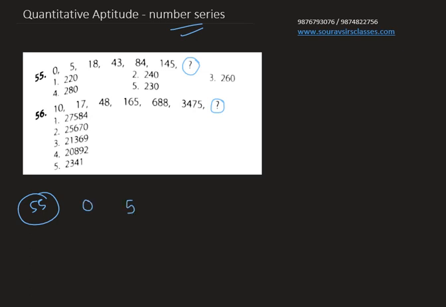0, 5, 18, 43, 84, 145 and question mark. We need to find the last number in this series. As we can see, if we add 5 with 0 we get 5.